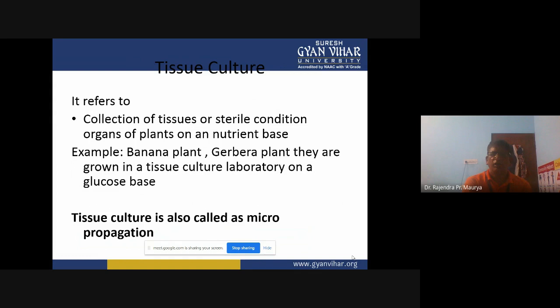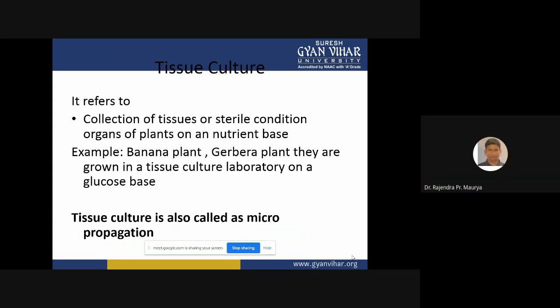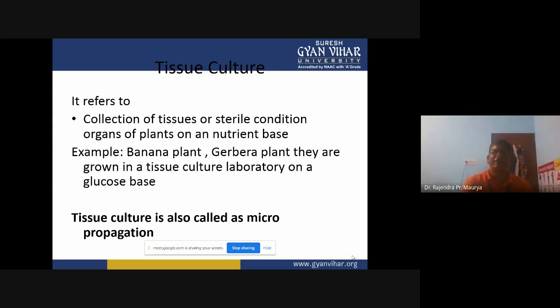That is tissue culture. Explants we collect from the mother plant. So in direct shoot regeneration or direct shoot multiplication, we will use explants like shoot tip, axillary buds, and nodal segments.